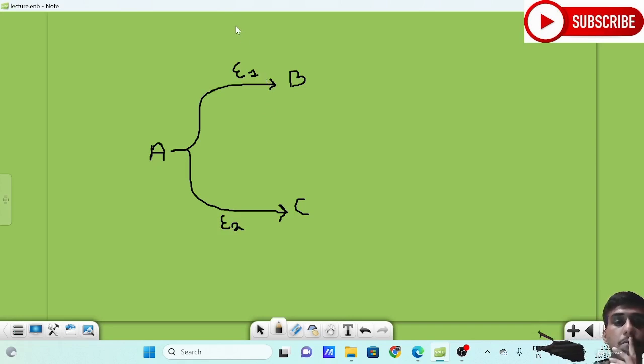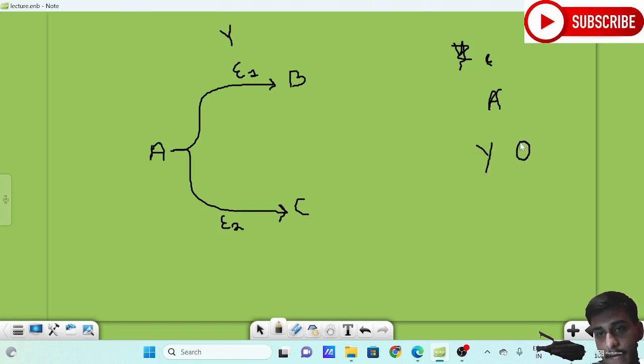For example, let capital Y be one gene and O another gene. I am taking just these 2 examples, Y gene and O gene. Y gene is responsible for the production of enzyme 1. If Y gene is seen in its dominant form, enzyme 1 will be expressed, and if O gene is seen in its dominant form, then enzyme 2 will be expressed.